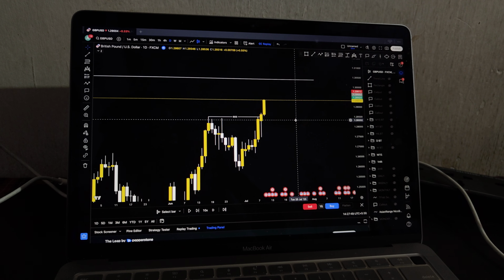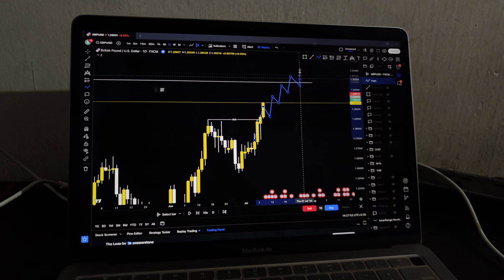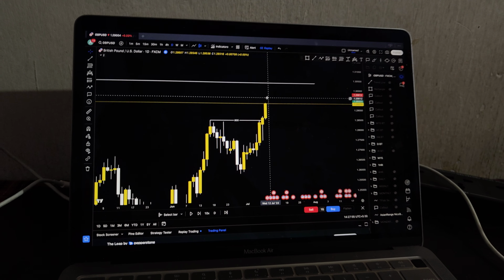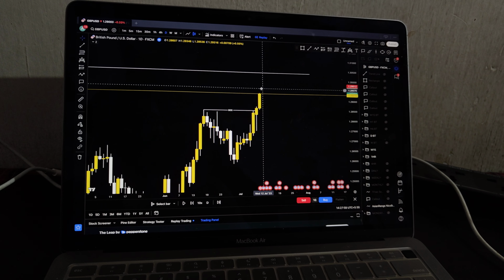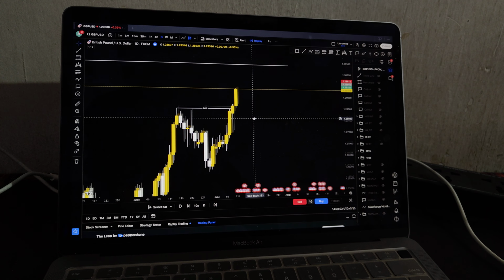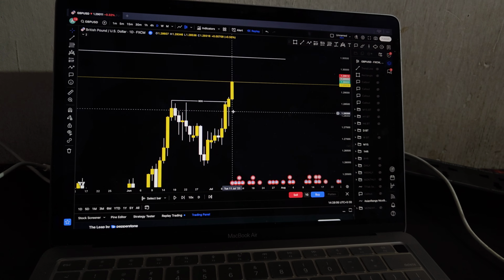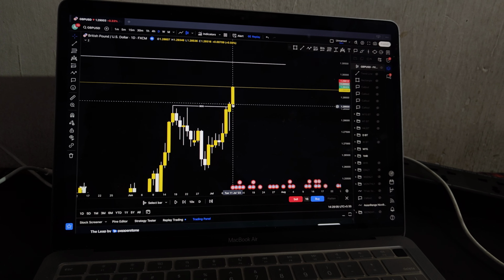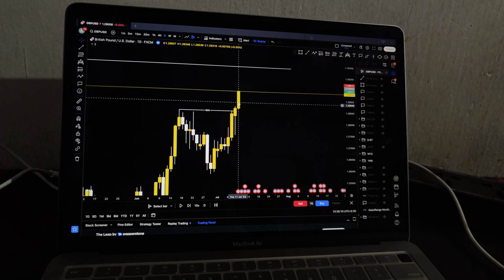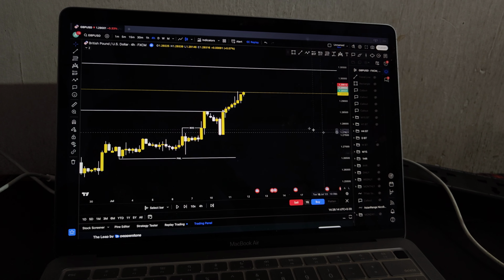Because there is huge liquidity there, and when we are bullish, we target the buy side liquidity, buy side draw of liquidity, and when we are bearish, we are targeting the sell side draw of liquidity. That's all. And according to that analysis, my higher time frame bias was bullish. So an important thing is done there.